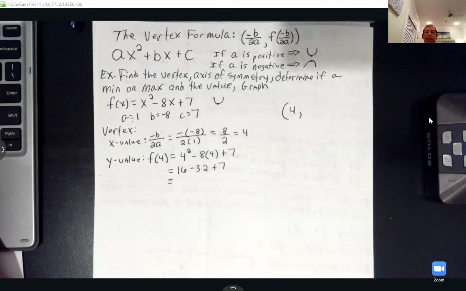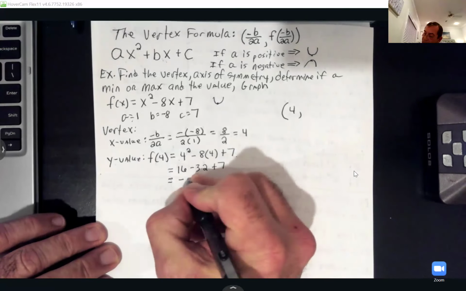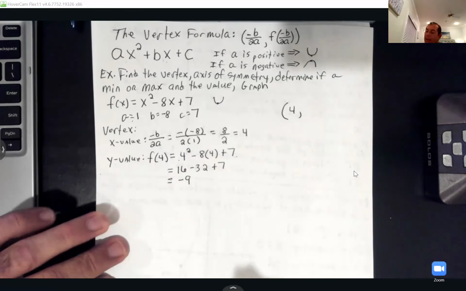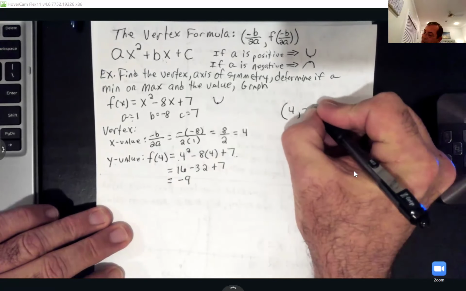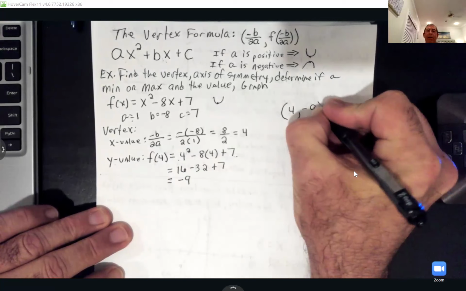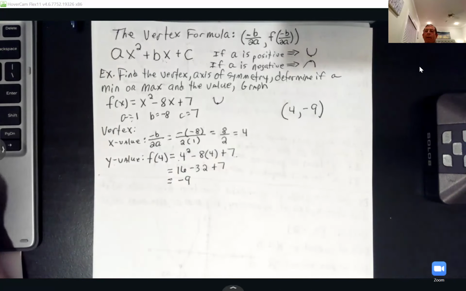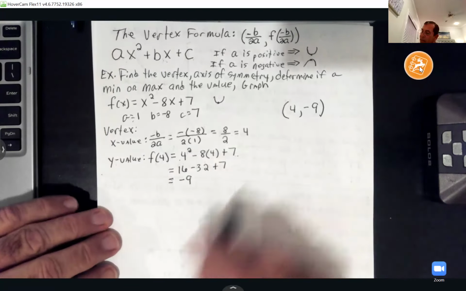Negative 16 plus 7 gives us a negative 9. So I now know my vertex is a positive 4 and a negative 9. Alrighty, so that's my vertex.